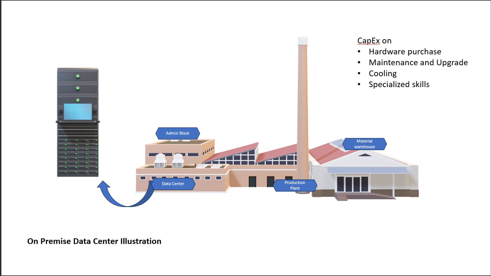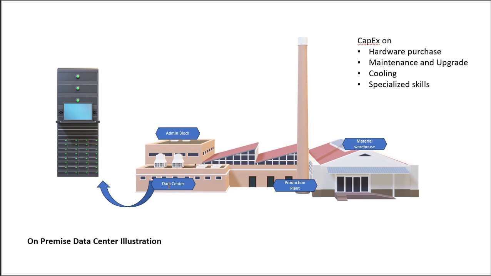So this picture is trying to showcase the on-premise data center. Here you can see this is a facility. It looks like a factory which has everything at one facility. Here there is a production plant, a material warehouse, an admin block, and a data center block.